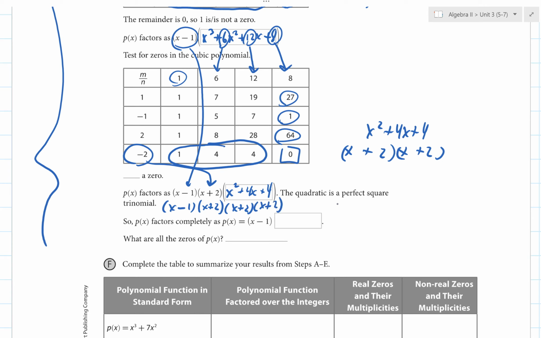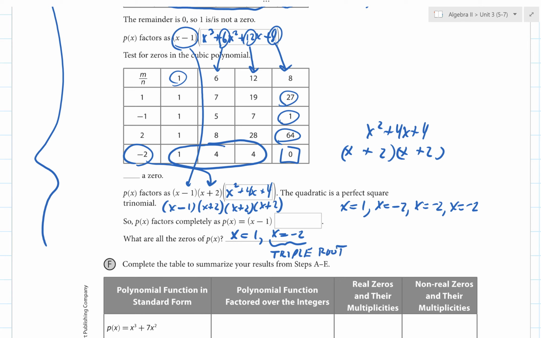And so instead of listing out x equals 1, x equals -2, x equals -2, x equals -2, instead of listing the same number 3 times, we can just simply say the zeros are x equals 1 and x equals -2, but -2 is a triple root.